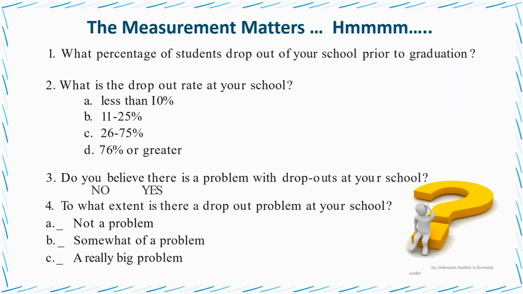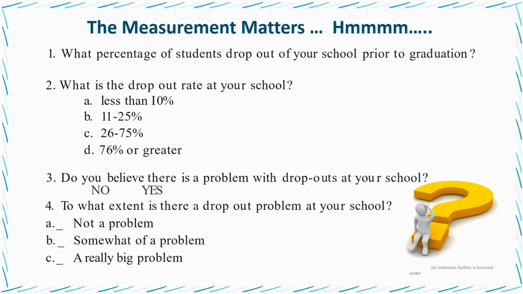That would be an interval ratio answer, because you're filling it in, it's a continuous possible scale. But if you ask question number 2, what is the dropout rate at your school, and you give these ordered options, that would be an ordinal variable.